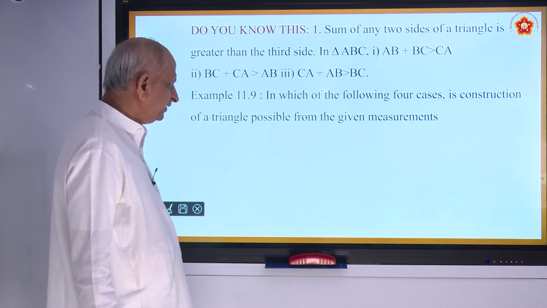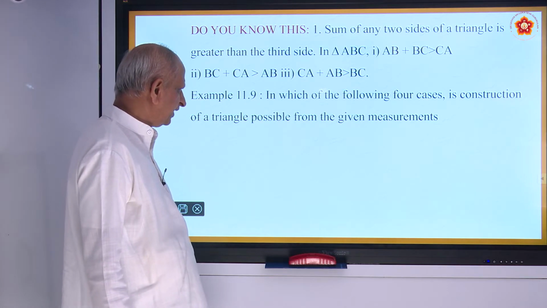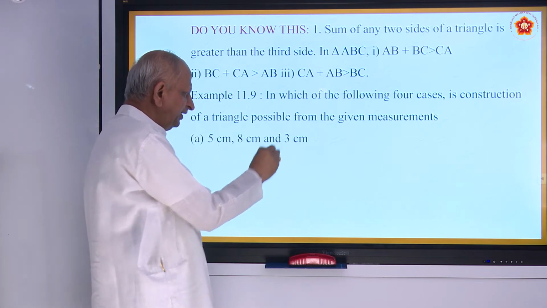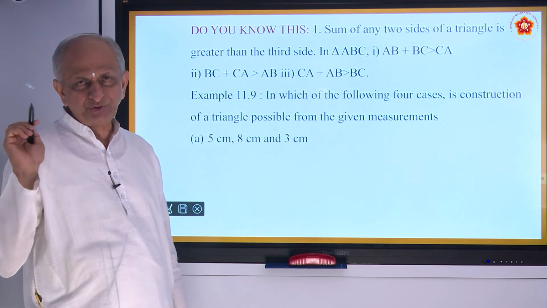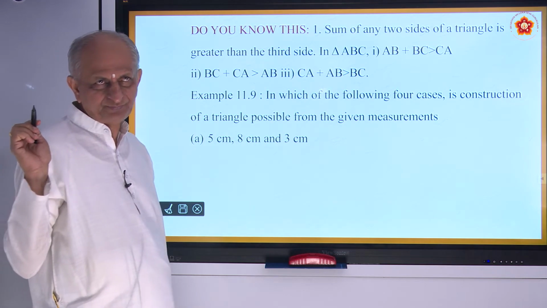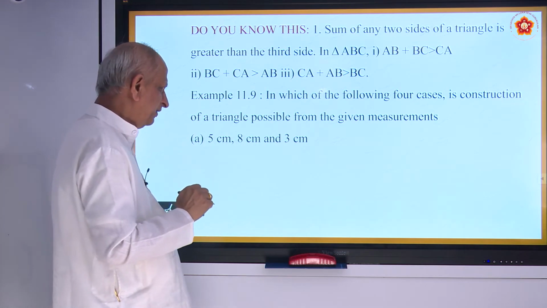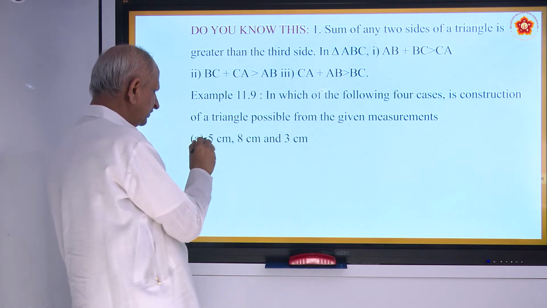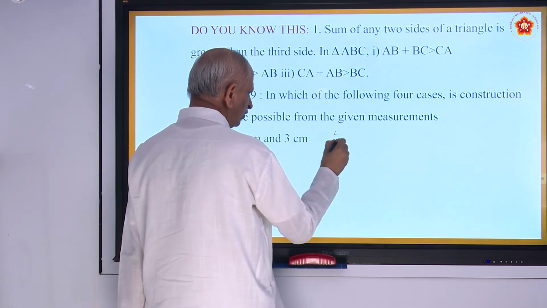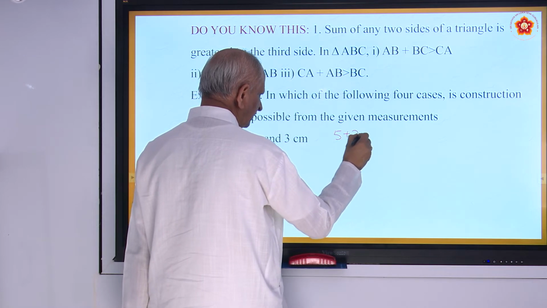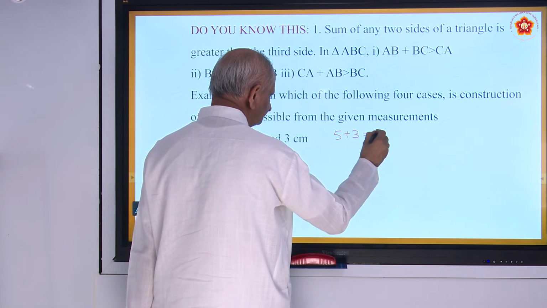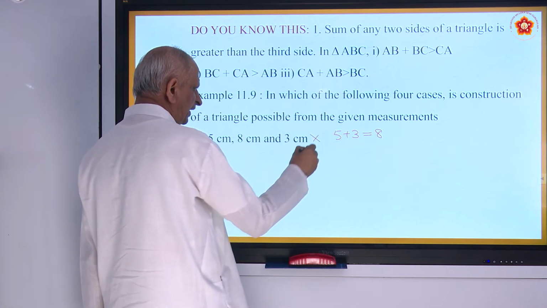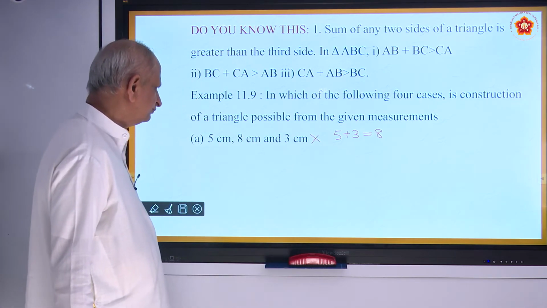In which of the following 4 cases is construction of a triangle possible? So 5, 8, 3. If any two sides you take add up to more than the third side, then we say construction is possible. So for example here, 5 plus 3 is equal to 8. It is not more than 8. So construction of a triangle is not possible.